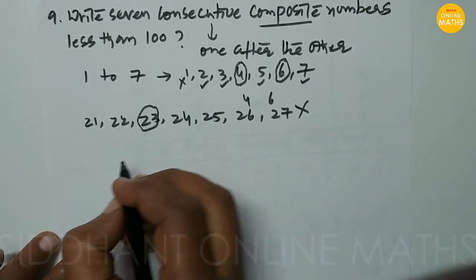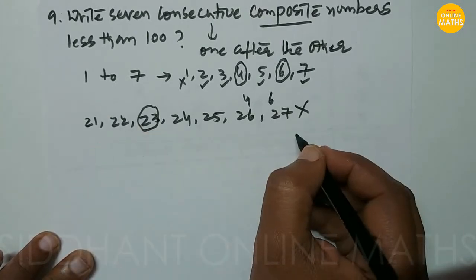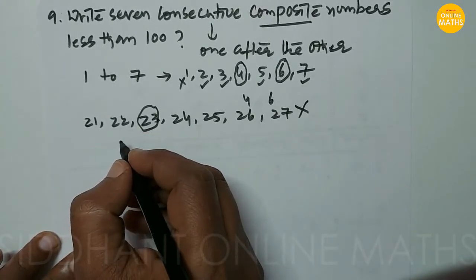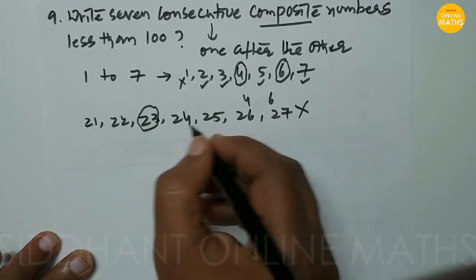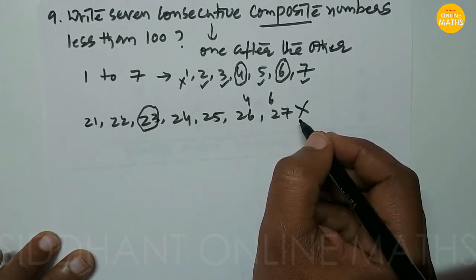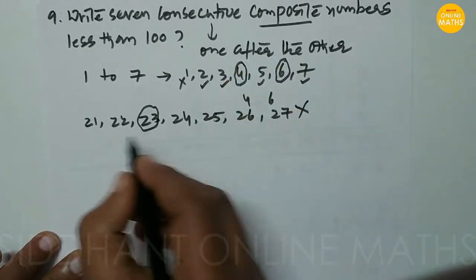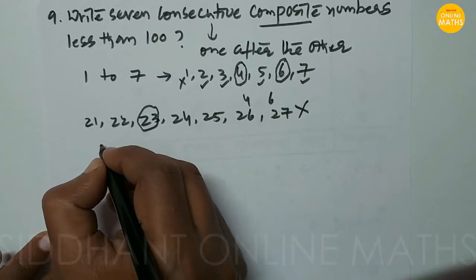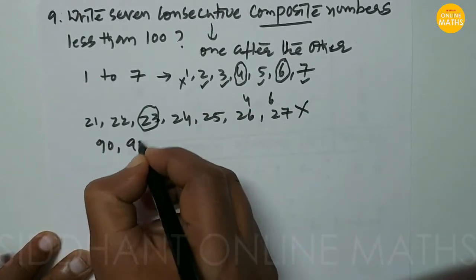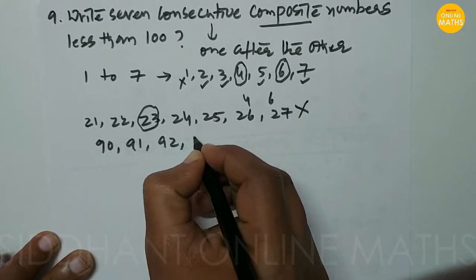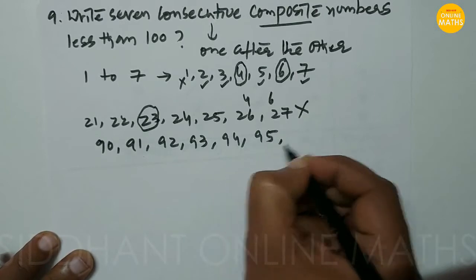So we check all the numbers from 1 to 100, and all the 7 numbers should be consecutive and also composite. Both conditions have to be satisfied. When you check from 1 to 100, we get the numbers 90, 91, 92, 93, 94, 95, 96.